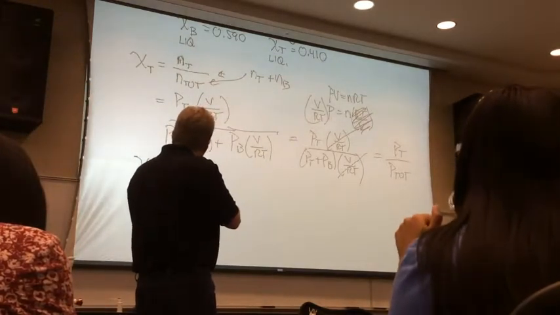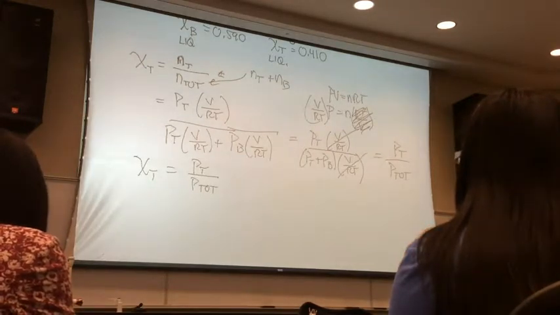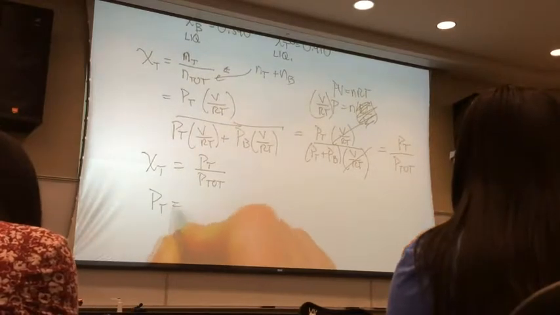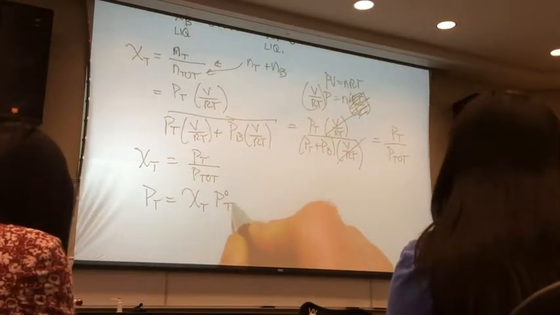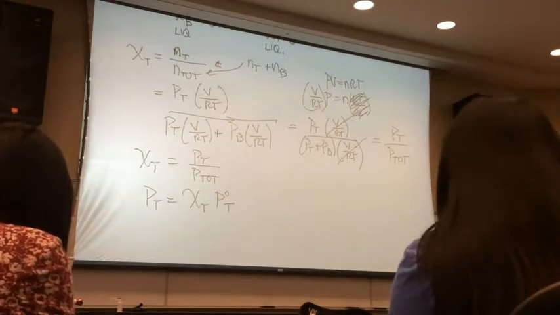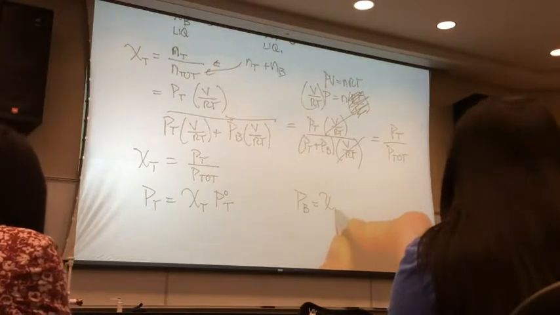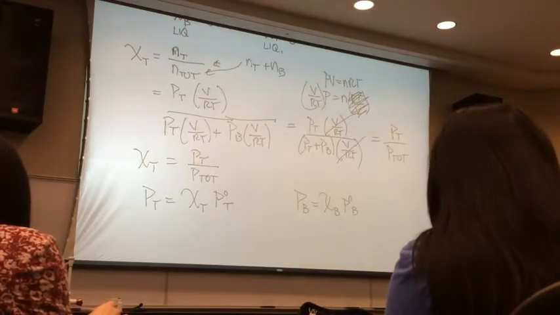So I just need to get PT and P total. To get those, I need the pressures of these two individual things. So the pressure of the toluene is going to be the mole fraction of toluene times its pure pressure, right? And the pressure of benzene is going to be its mole fraction times the P0 of benzene.